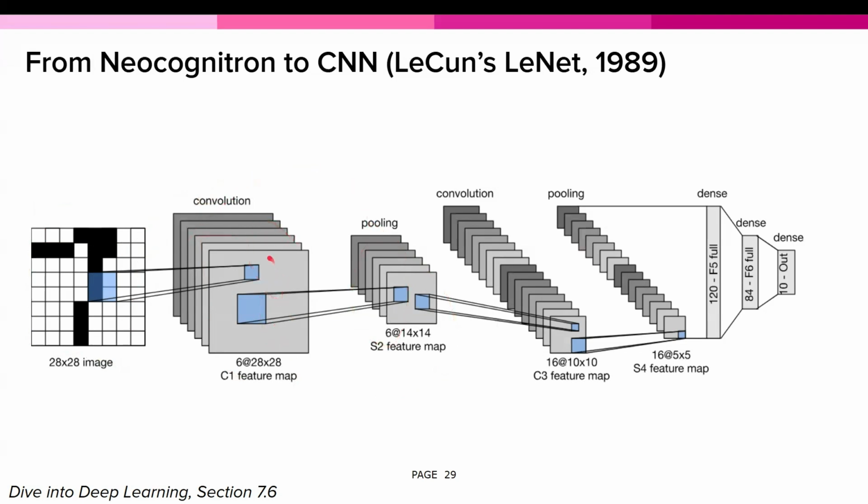The first layer performs convolution to create 6 feature maps. These maps act like the simple cells in the neocognitron, detecting basic features like edges and corners. Each map applies the same set of weights across different regions of the input image to capture spatially relevant features that are consistent across the input.